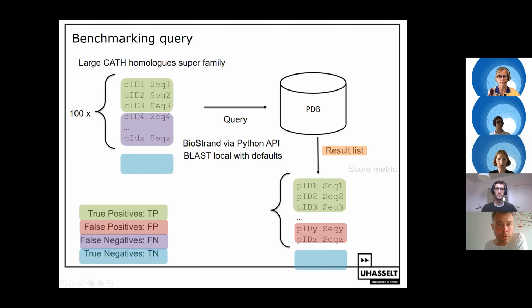Okay, so let's look at some results. But before we can do that, I must mention one more thing. There is something in this result list that's also present, called a score metric. Any algorithm will provide a metric that you can use to rank the results. In BLAST, for example, this will be the E value or the P value associated with the local alignment.